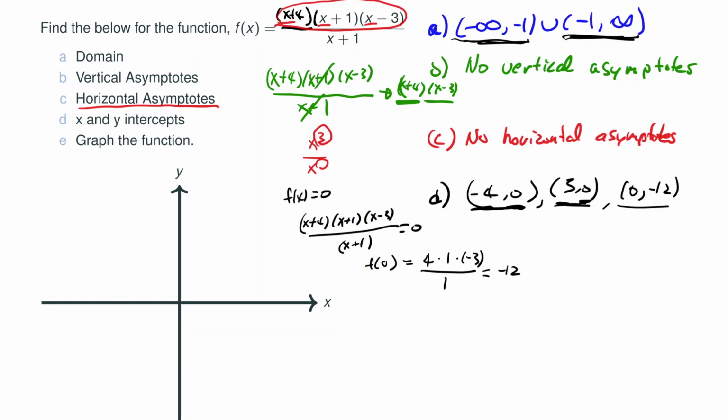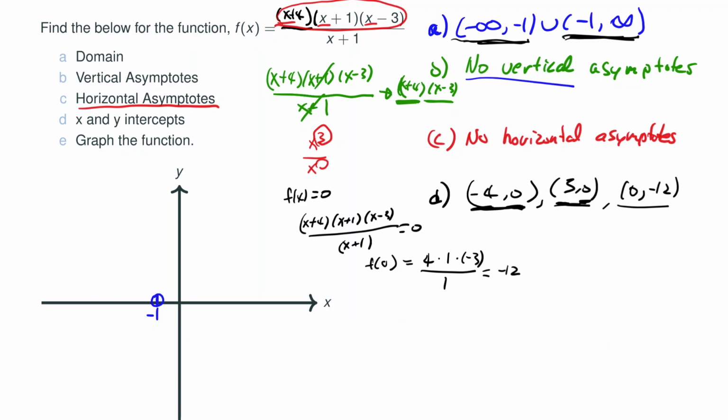So let's plot these. Let's graph this function. Again, remember, when we're sketching this, it's important to do the domain first. So at negative 1, we should either have a vertical asymptote or an open circle or hole representing that negative 1 is not in the domain. Since there's no vertical asymptote, that means we should have a hole at negative 1 for the y value of the graph.